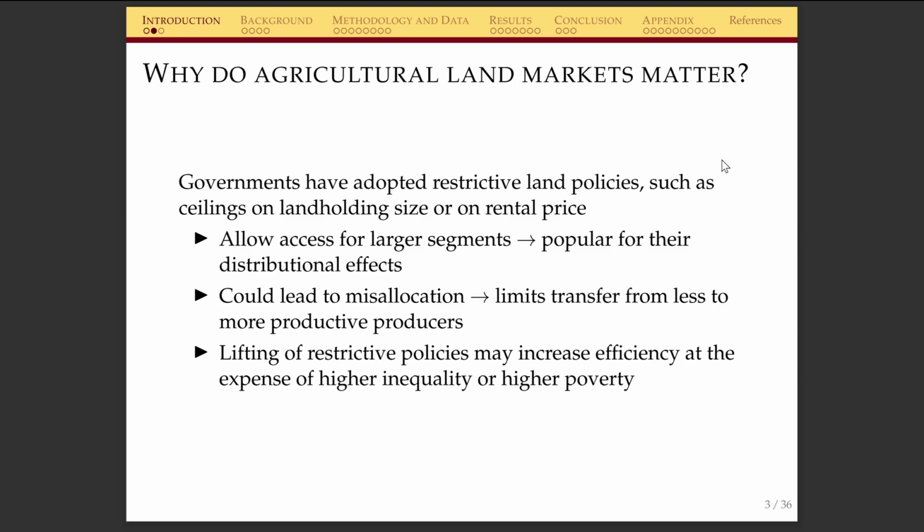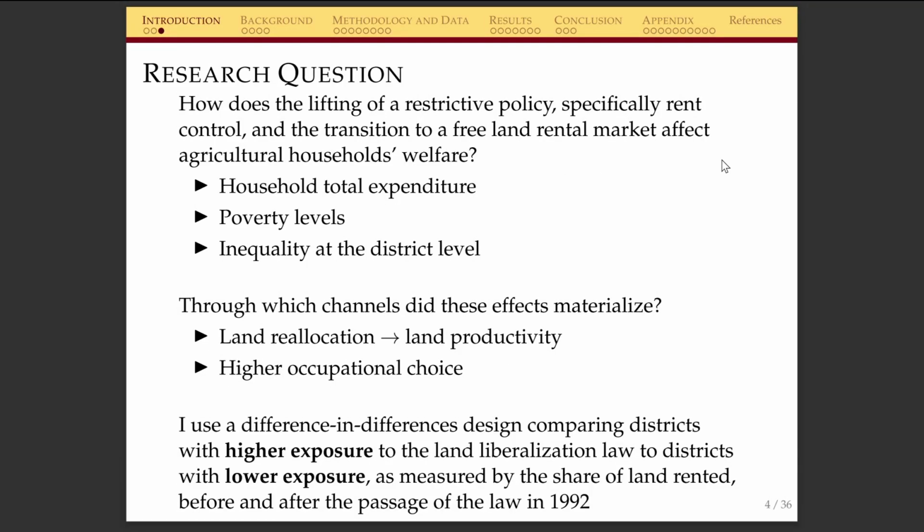But the fear is they could also lead to misallocation since they limit the transfer from less to more productive producers. So the expectation is that if we lift a restrictive policy, we may be increasing efficiency, but at the same time, this could come at the expense of higher inequality or higher poverty. This is exactly the question that I'm dealing with in this paper.